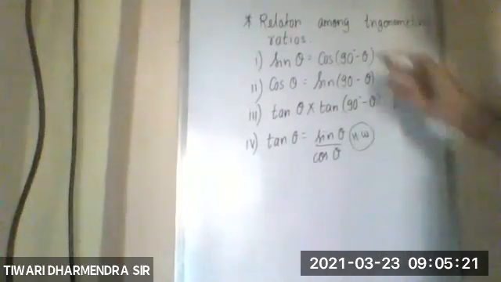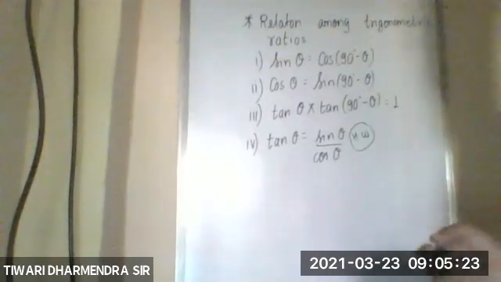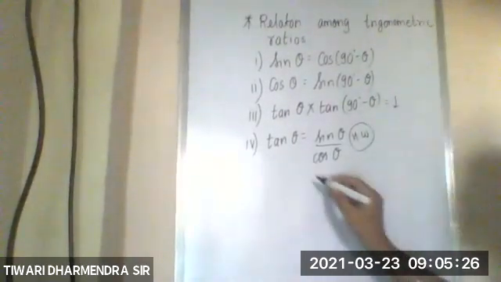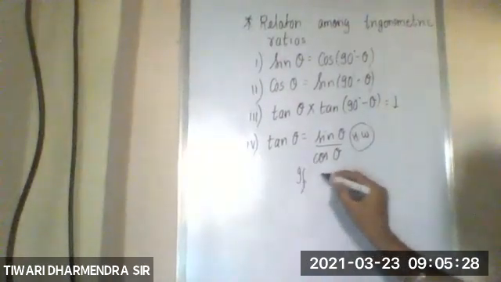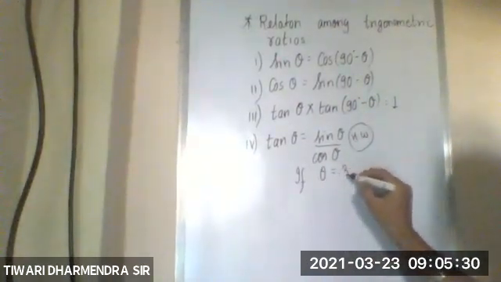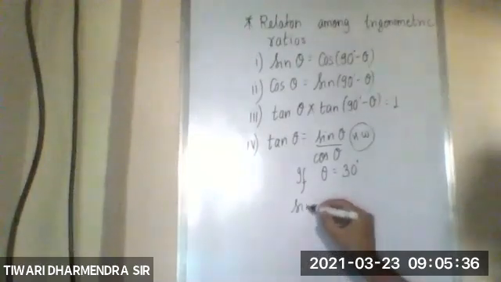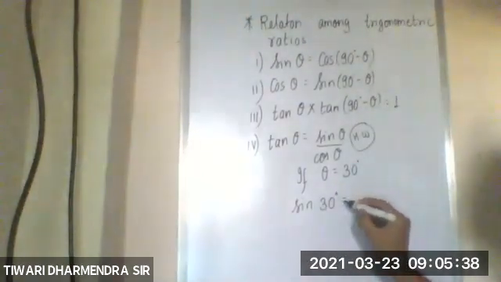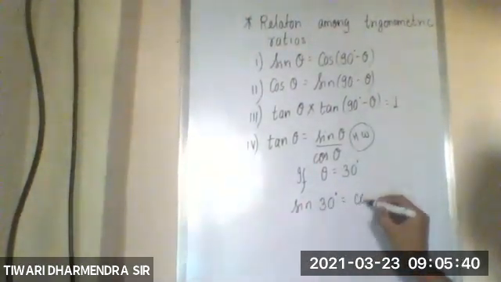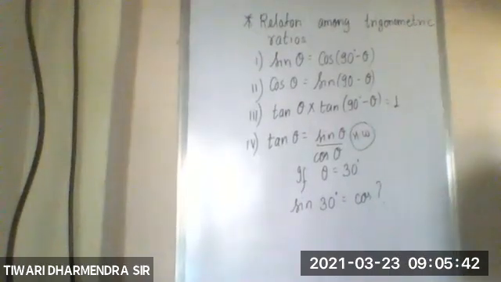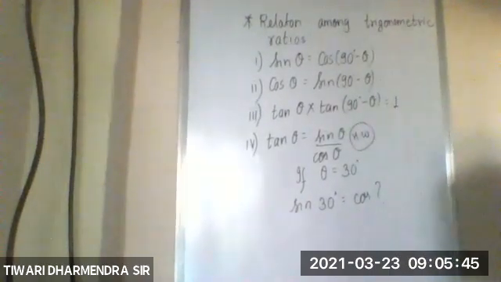Now we will see how this is useful. For example, if we have theta as 30 degrees, then sine 30 degrees is equal to cos of what degree? This is the first question.